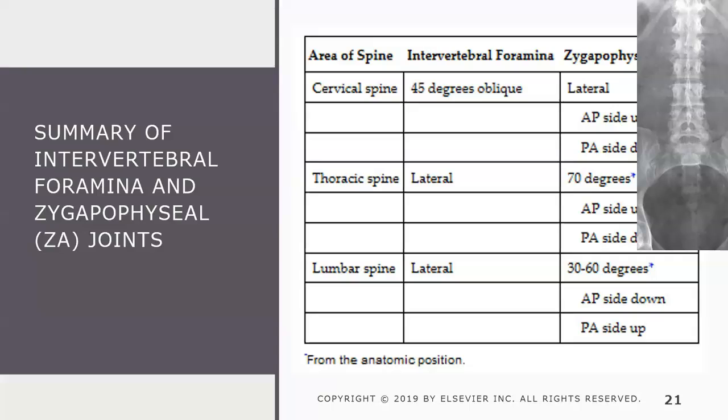You have to know that for the cervical obliques, which side you're looking at for that part of the intervertebral foramina. Now, the zygapophyseals are seen in a lateral.